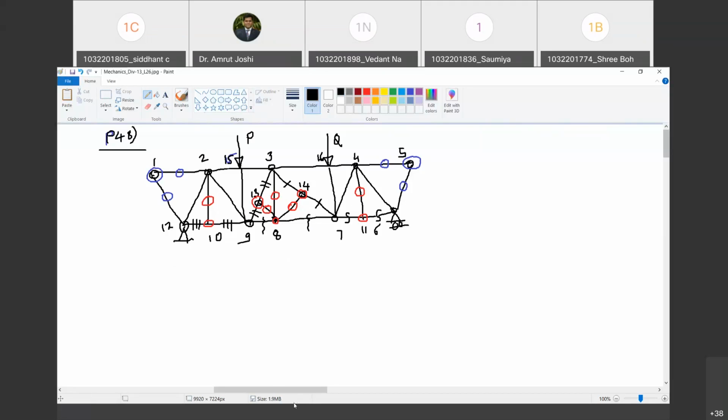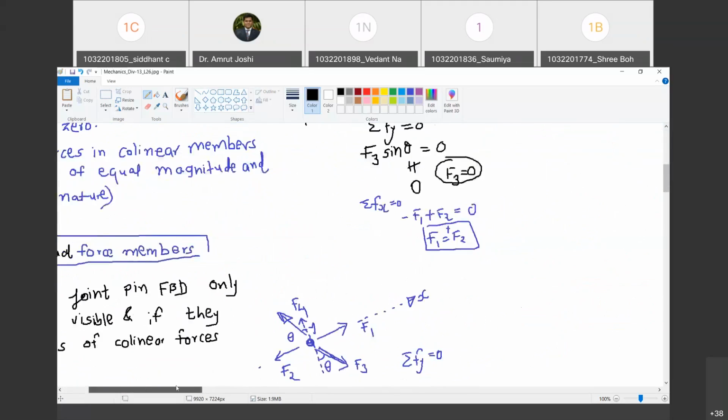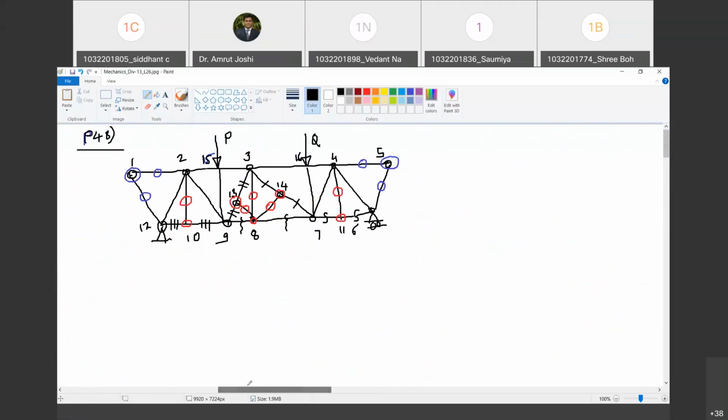Now where should we apply rule number 3? Can you locate a joint where there are only 4 forces and they form 2 pairs of collinear forces? You can. What about joint number 15? How does the free body diagram of joint number 15 look?